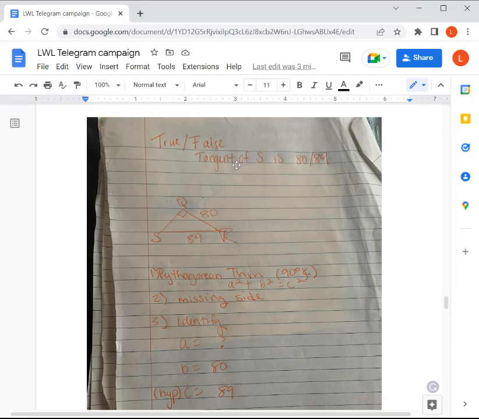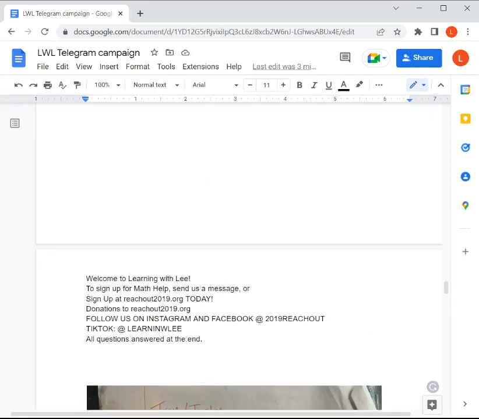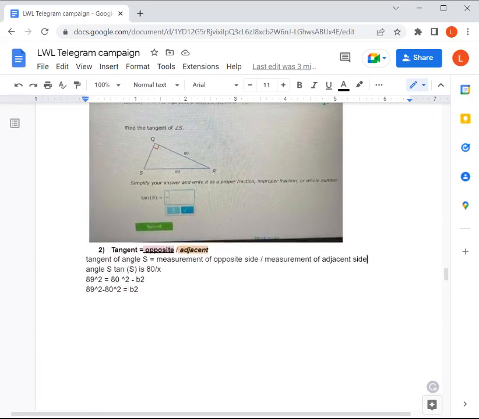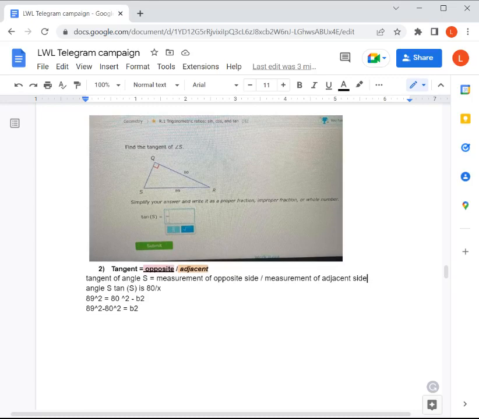Well, the first thing we want to review is what is tangent. What are we looking for if we have tangent? When you're working with Learning with Lee, we'll give you vocab sheets and cheat sheets so that you're able to remember all this important information. Once you know all the different steps, then you can focus on memorizing what's tangent, what's cosine, what's sine.